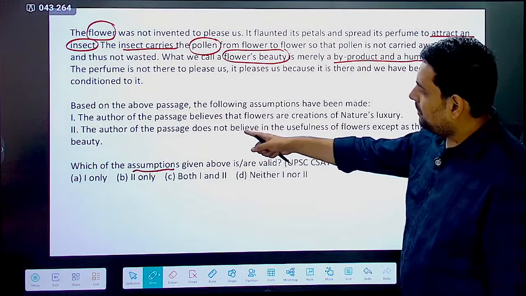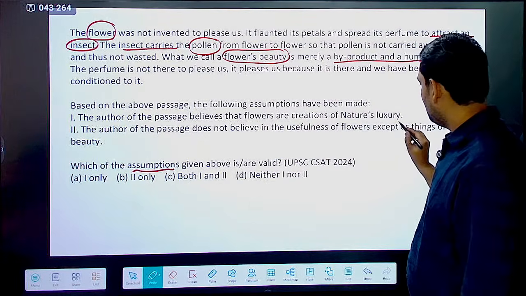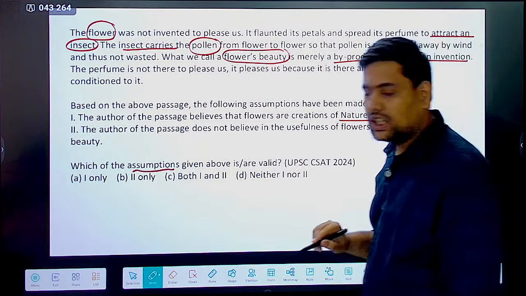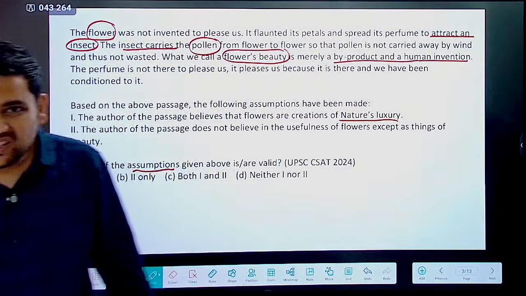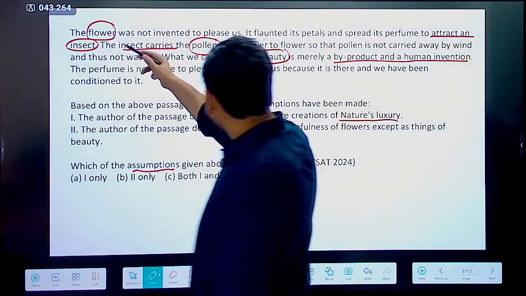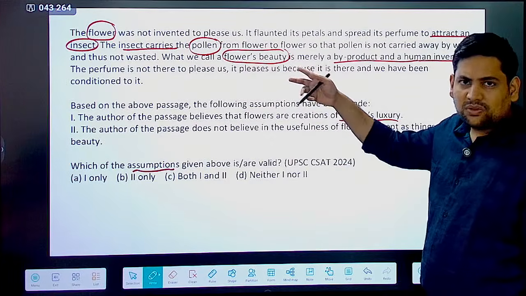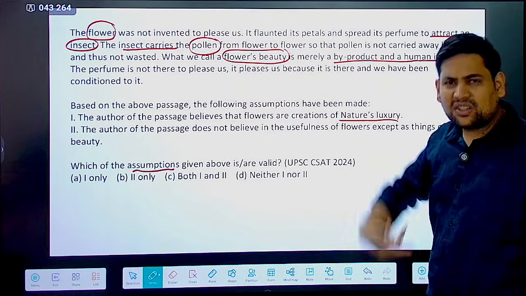The author of the passage believes that flowers are creations of nature's luxury. What do you think? Nature's luxury, is it luxury? The whole passage is about how the flower is very important, and whatever we call the flower's beauty is just a human invention.